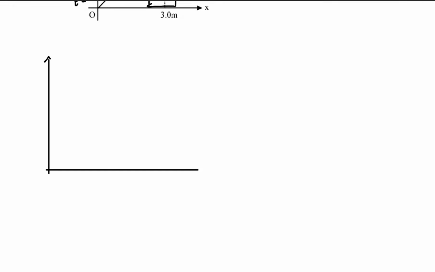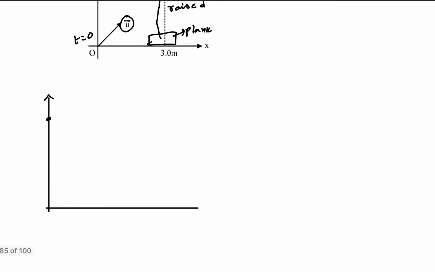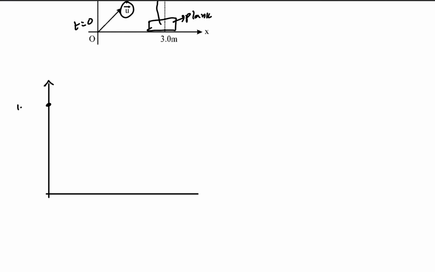This is my x-axis, y-axis. At this point, at y equal to 1.25 meters, one object is kept here. To support this object, they have kept a plank.